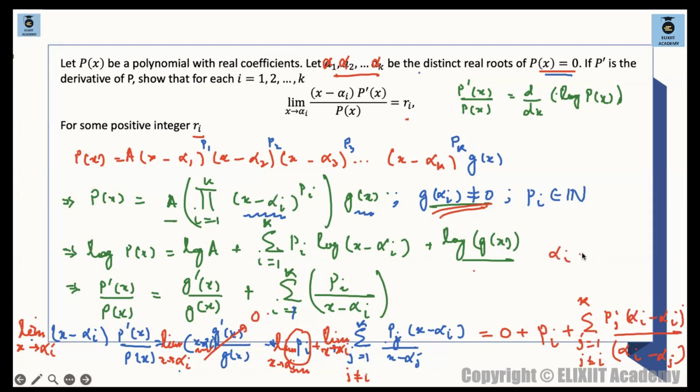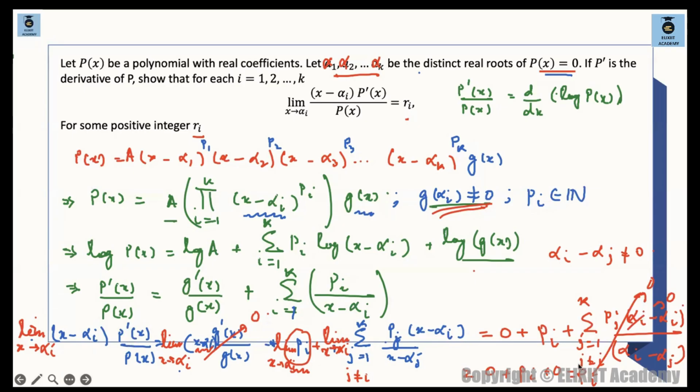These are distinct roots, all are distinct roots actually, so this cannot be 0. But in the numerator we are having alpha i minus alpha i, so this quantity will also tend to 0. So 0 plus pi plus 0. This will be pi only. So this is your final answer. The limiting value will be pi.